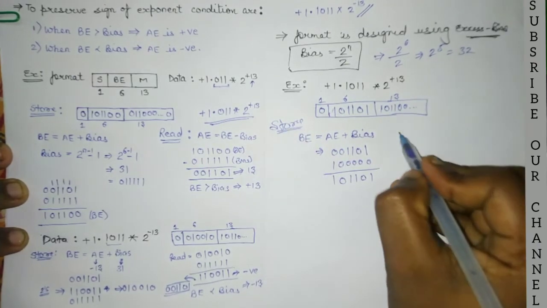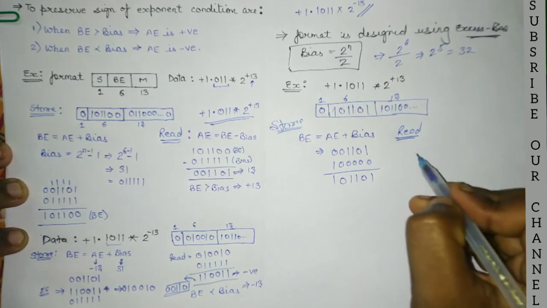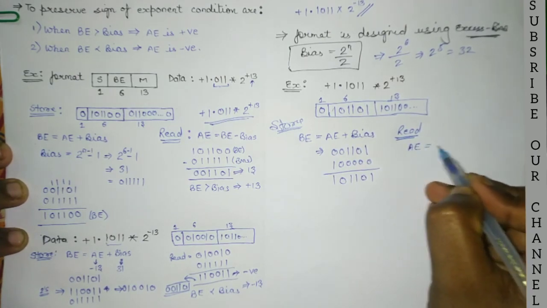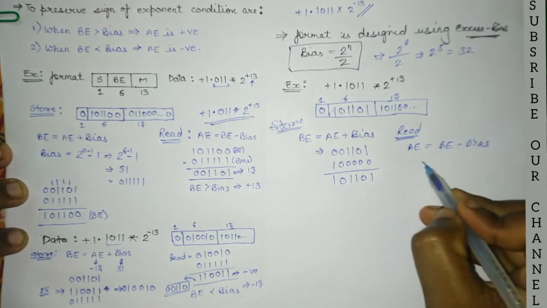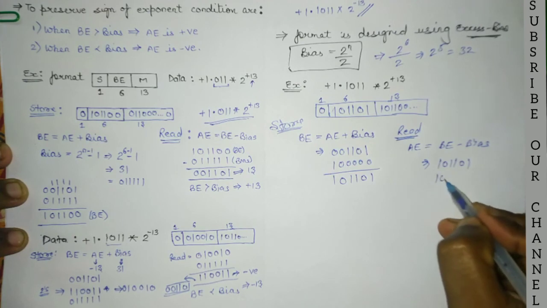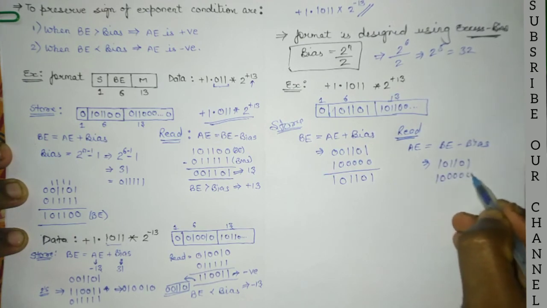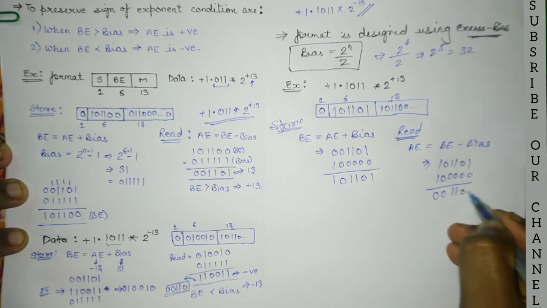But how to read it? Again the same case. Whenever we are reading it, we will find the actual exponent, which is equal to biased exponent minus bias. Biased exponent is 101101, and bias we know is 100000, and if you subtract it, you will get 001101.